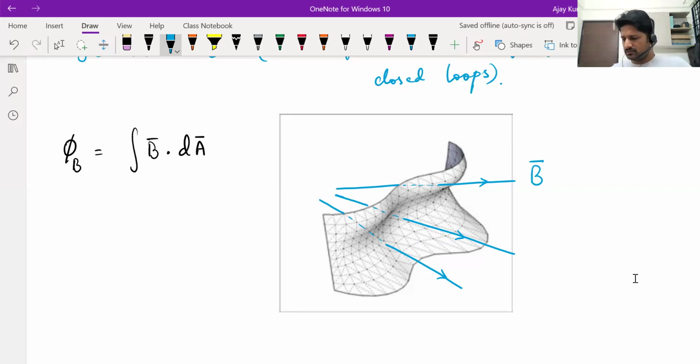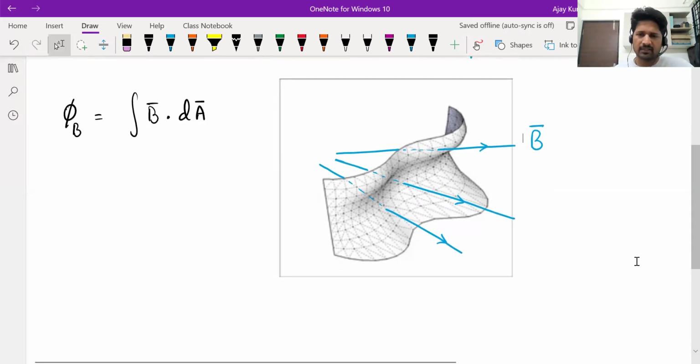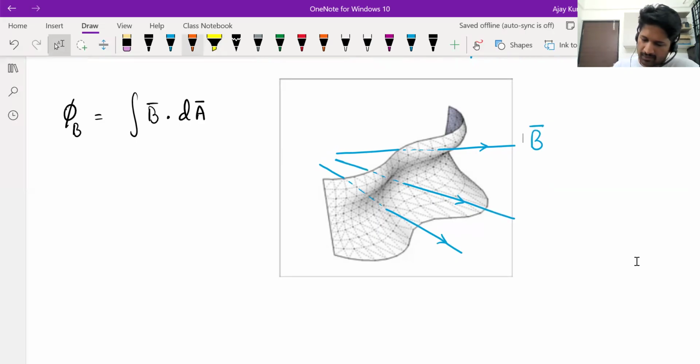Okay, now basically flux, whether it is electric flux or magnetic flux, it's the dot product between field and area vector. Now you consider a small patch of area on this surface, say somewhere here. So if you look at it separately, it kind of looks like this. Let's say this is the small orange patch that we have considered.